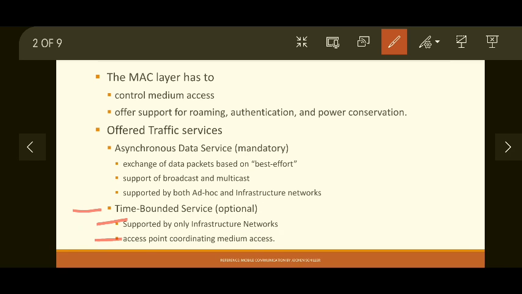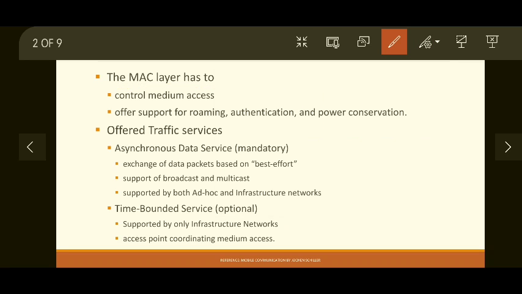In this case, the access point coordinates the medium access. Users do not have a chance to decide how they are going to access the medium. The access point will decide how each user will access the medium. So that is the type of services offered by the MAC layer of a WLAN.